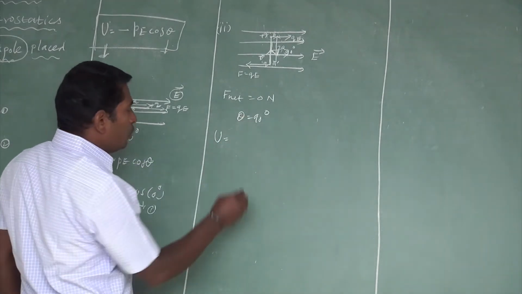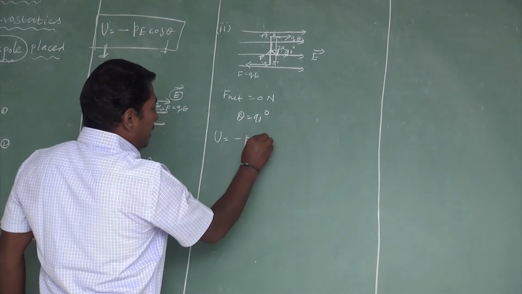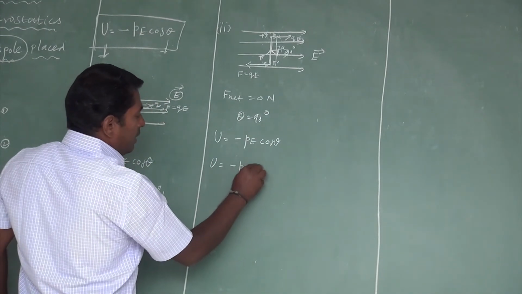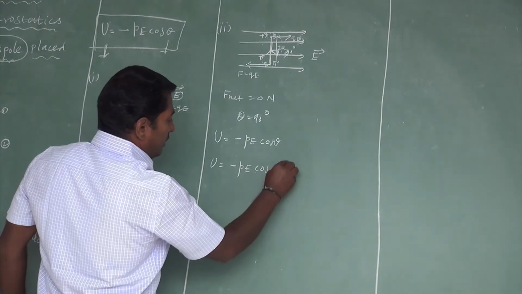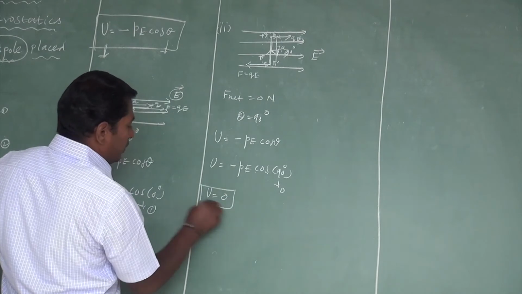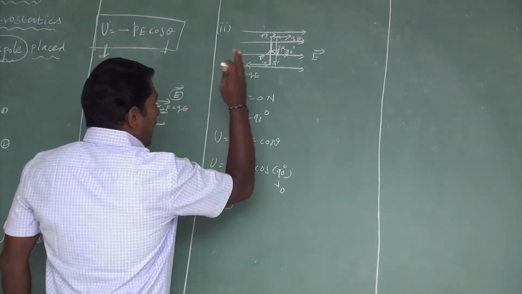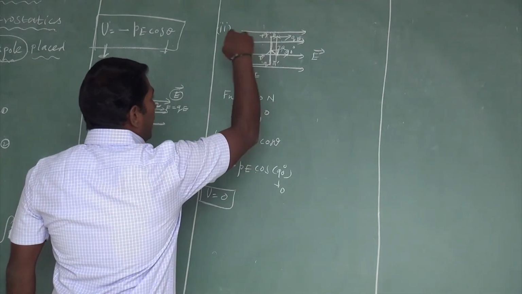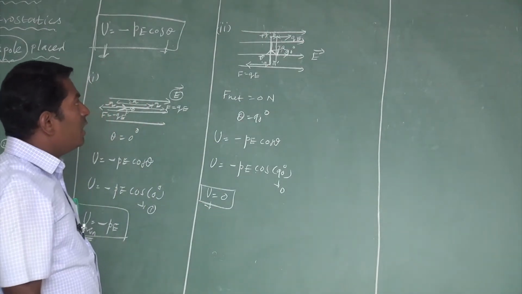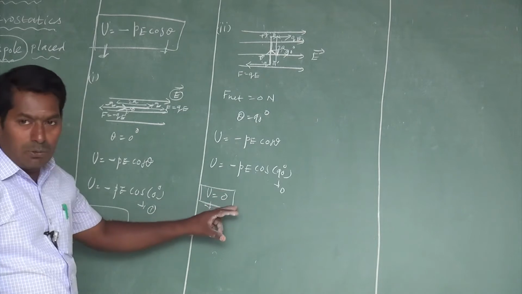Electrostatic potential energy U is equal to minus pE cos theta. So U is equal to minus pE cos 90 degree. Cos 90 value is 0, then U is equal to 0. If the direction of the dipole moment is perpendicular to the direction of the electric field, the electrostatic potential energy of the electric dipole U is equal to 0.